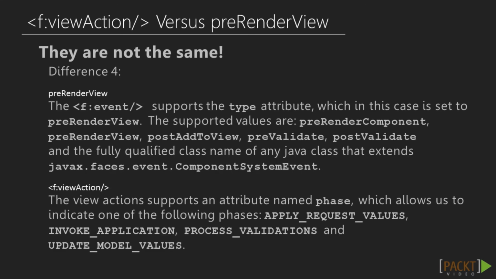The view actions can be executed in different phases by using the phase attribute. On the other hand, the f:event can be processed depending on the value of the type attribute, which in our case is set to preRenderView.